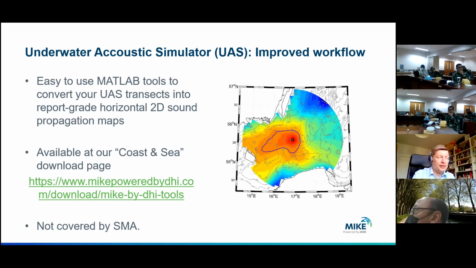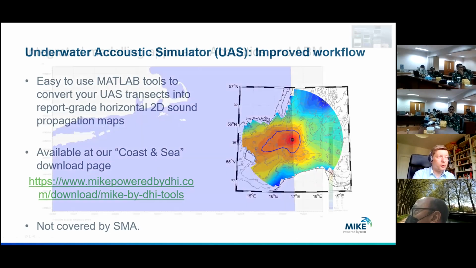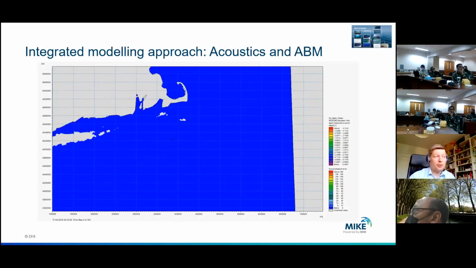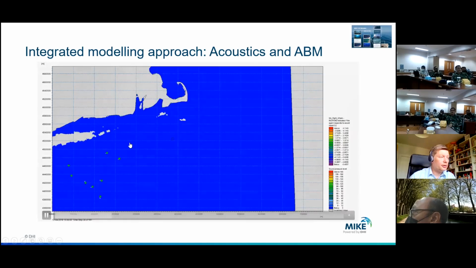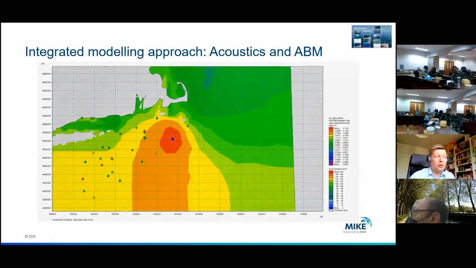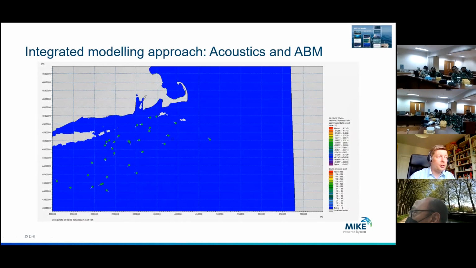The nice thing about the UAS model is that you can combine it, for example, with the ABM agent-based modules. That's another tool which I couldn't present within this meeting, but here is an application of the combination. You see how whales move along the coast and travel northwards, and here you have a source of noise, for example due to pile driving or oil and gas works.